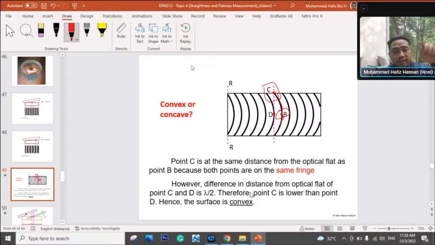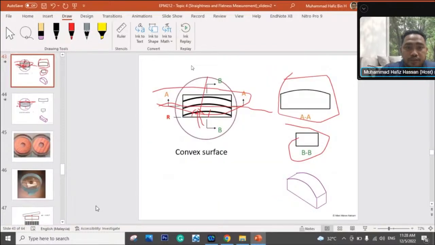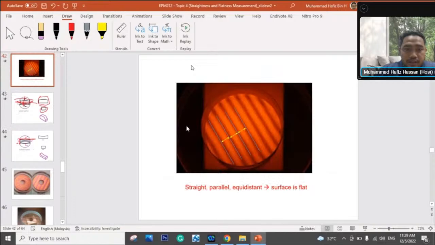You have to see where the contact point is. In this case, R is the contact point. Why do we say that? They have a slanting. The contact point is the highest point, then they have the slanting like this. You can see here an example for the concave.